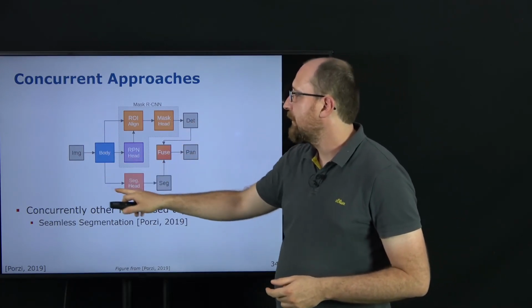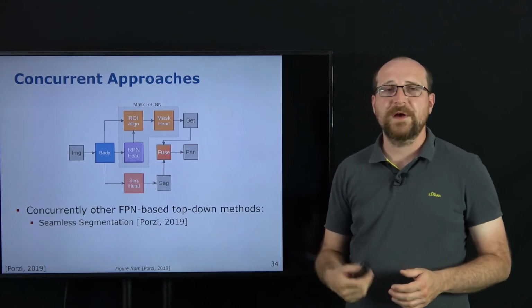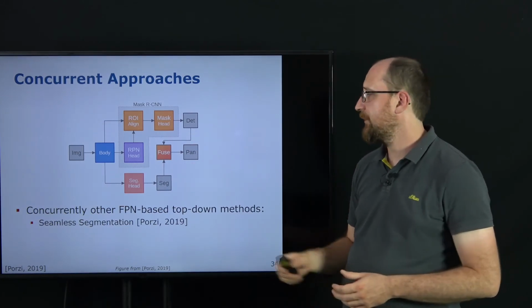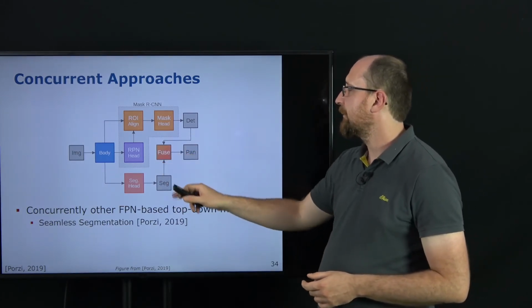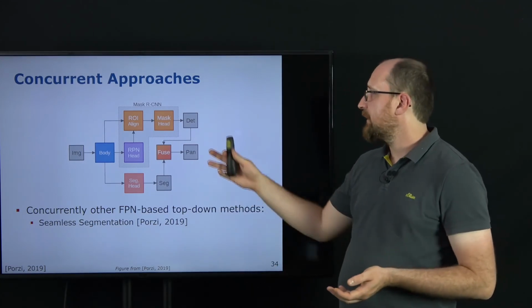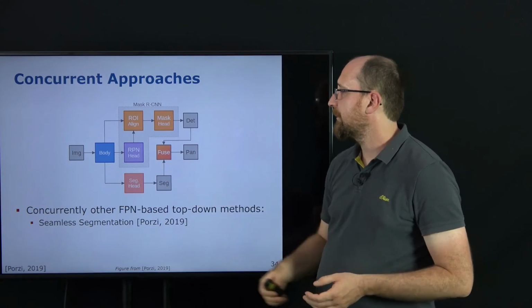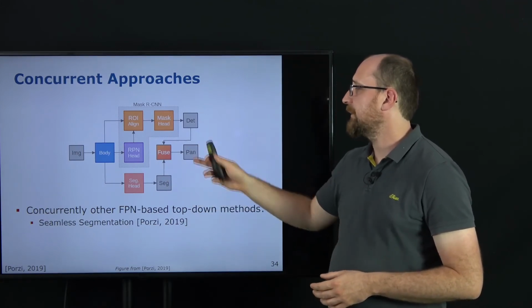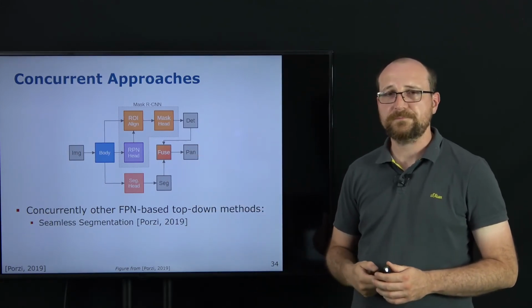And then we have a different branch which provides us with the semantic segmentation, and then again we have some fusion between the provided instances from the detection and the semantic segmentation to give us then the panoptic segmentation.